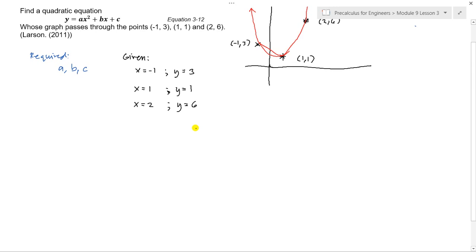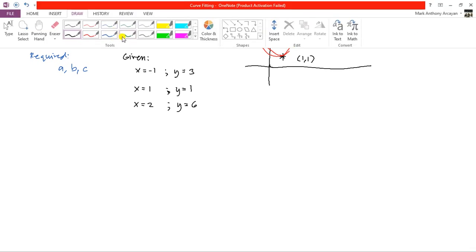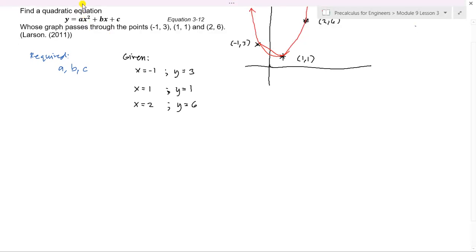So, solution. First thing we will do is get the three equations. For our first equation, let's start from the first data.